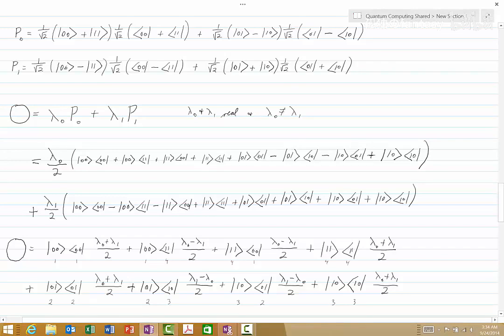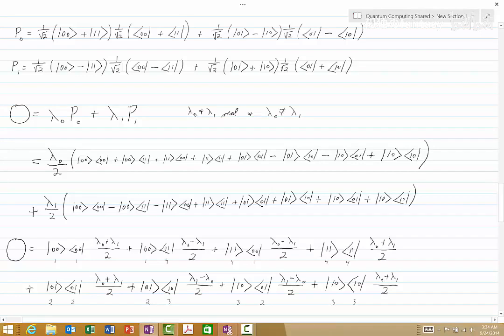Similarly, the 0, 0, 1, 1 operator is common to both, and here it's multiplied by plus lambda 0 over 2, and here it's multiplied by minus lambda 1 over 2. So we have lambda 0 minus lambda 1 over 2 times the 0, 0, 1, 1 operator.